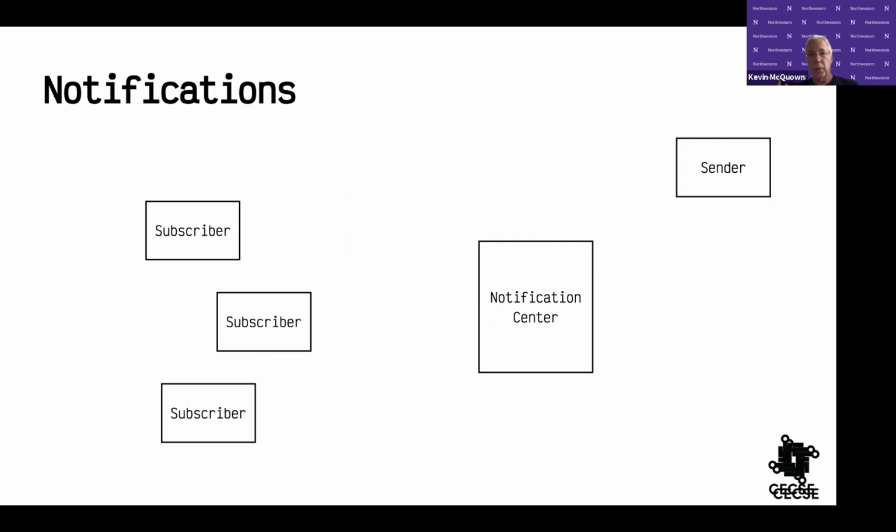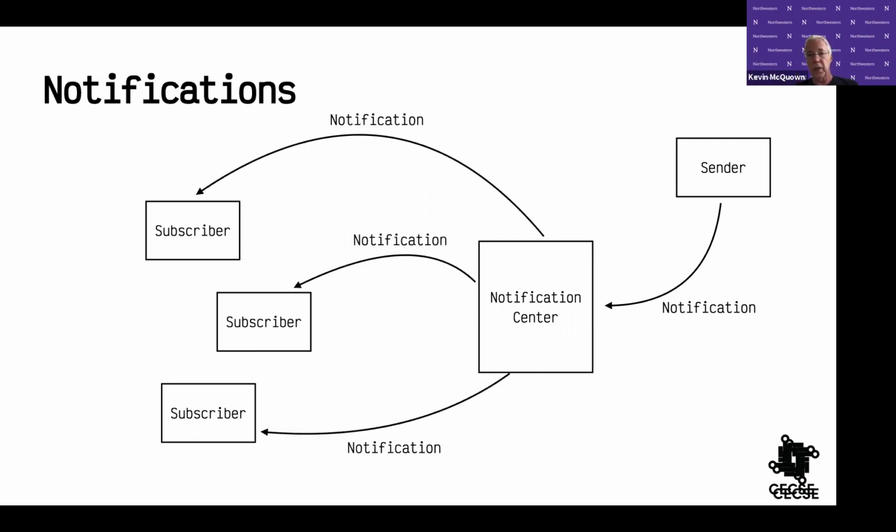Then when we want to send a notification out, there's a sender somewhere. So somebody is wanting to send out this information. So what it will do is it will notify the notification center that it wants to send out a notification. And then the notification center will actually call each one of these subscribers at the same time, virtually the same time. So they'll all get the notice.